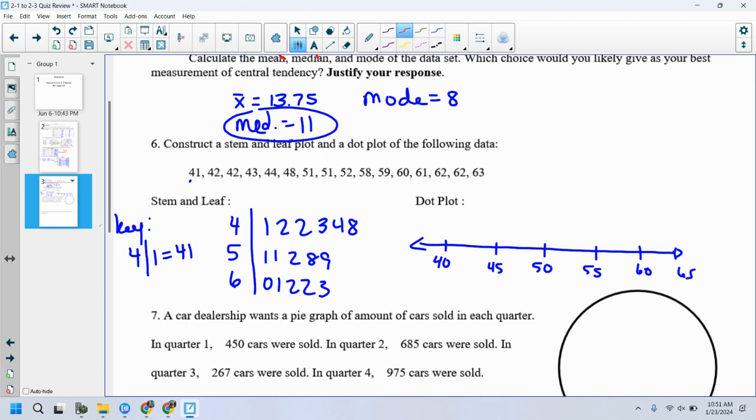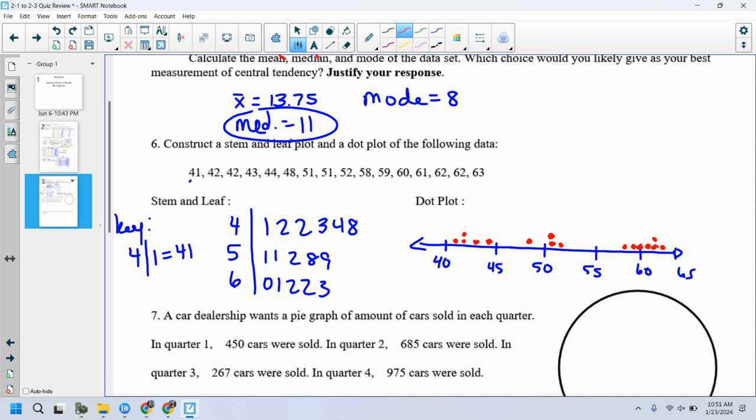I'll make them with red dots. A 41, two 42s, a 43, a 44, a 48. Oh, I guess I should space it out a little bit more. 51, two 51s, a 52, 58, 59, which kind of jumps there, doesn't it? 58, 59, 60, 61, two 62s, and a 63.